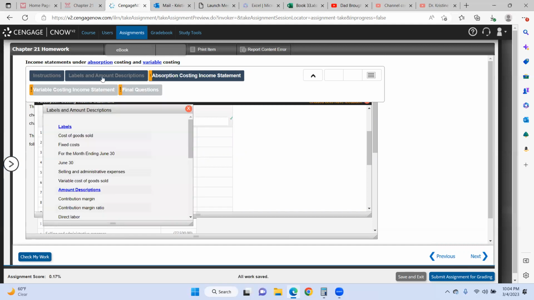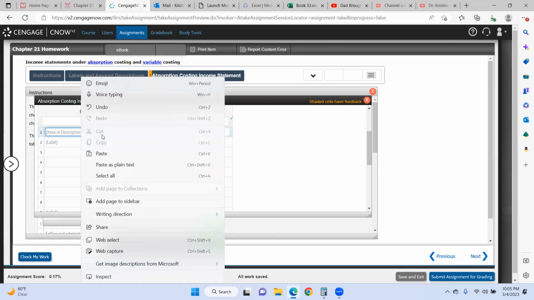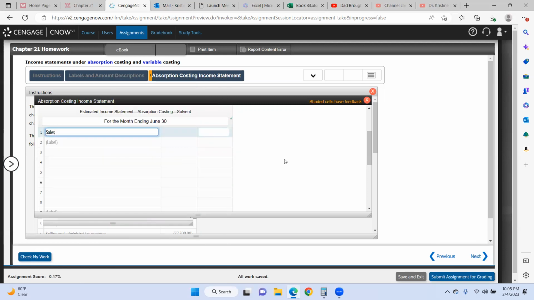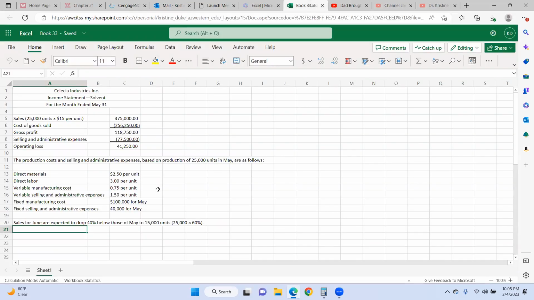So let's go ahead, let's continue on. Amount, description. Let's go sales. I'm going to paste that there. Now it said we're going to be doing 15,000 instead of 25,000. So it's $15 per unit. So I'm going to come over here, my sales, $15 per unit.